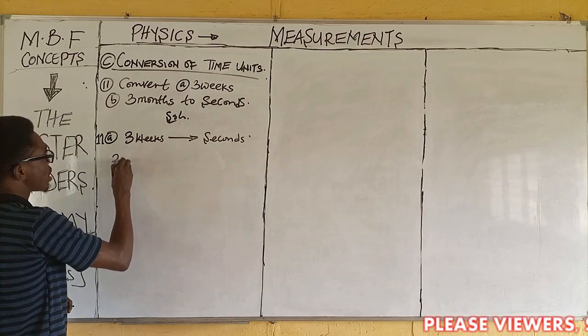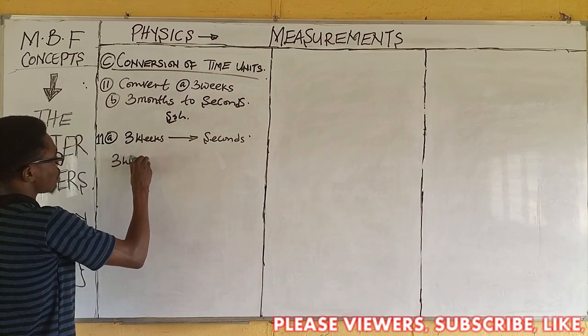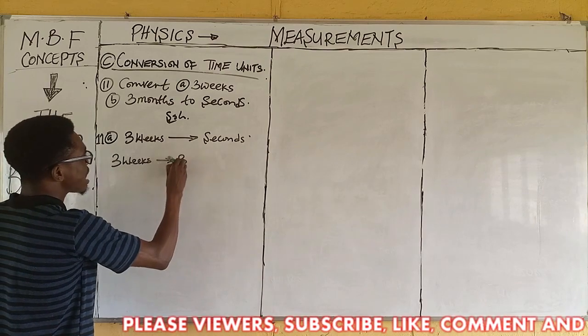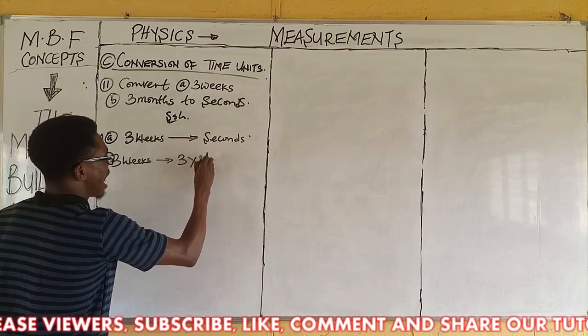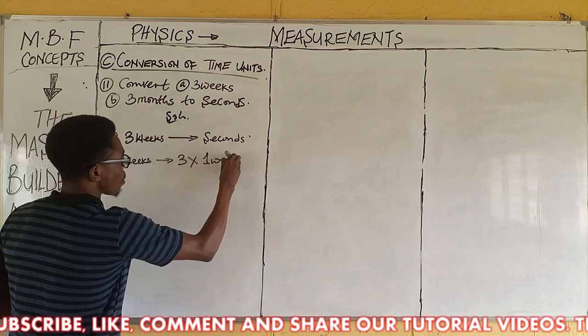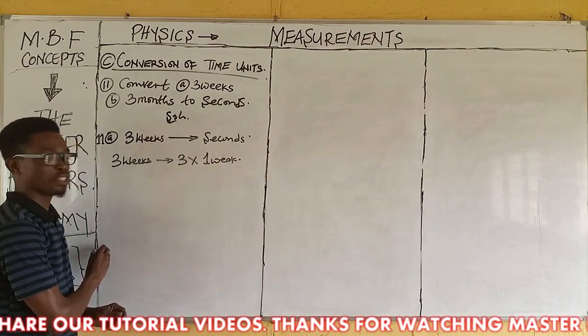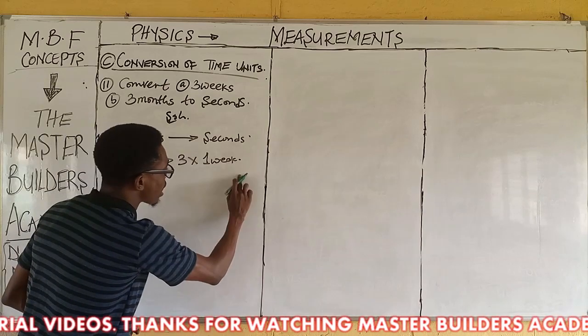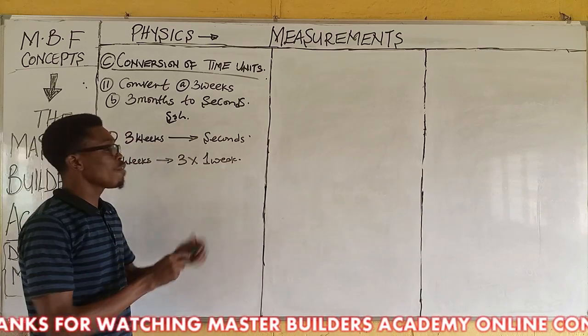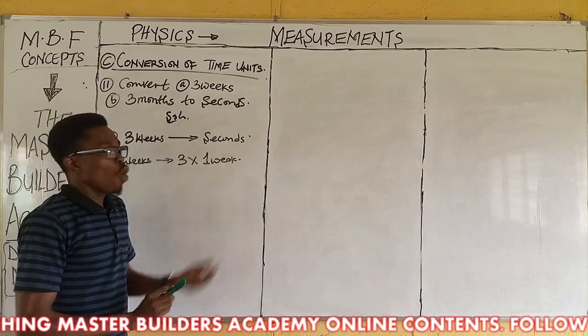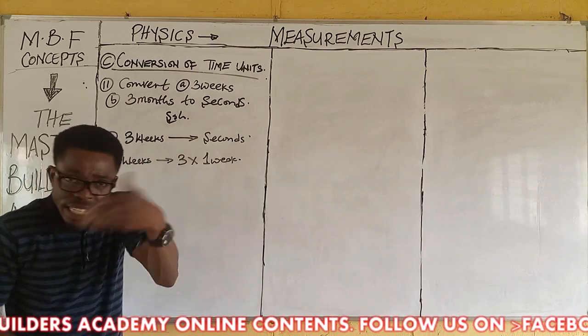So 3 weeks is equivalent to 3 multiplied by 1 week. This is it. So if you can do it this way, you will not have issues. Now, what is 1 week? Because we cannot jump from 3 weeks to seconds. 1 week contains 7 days.